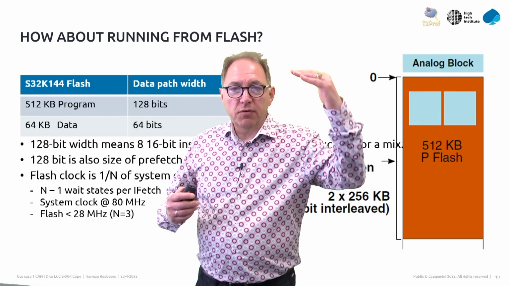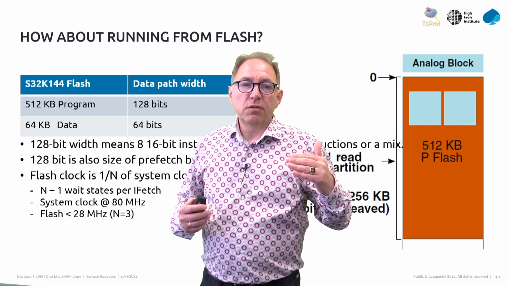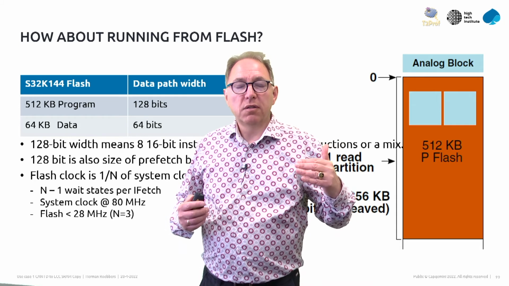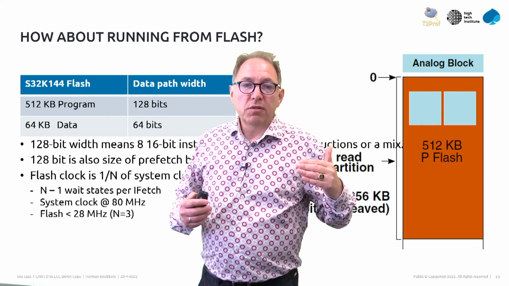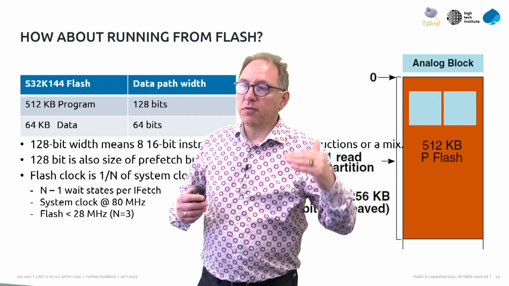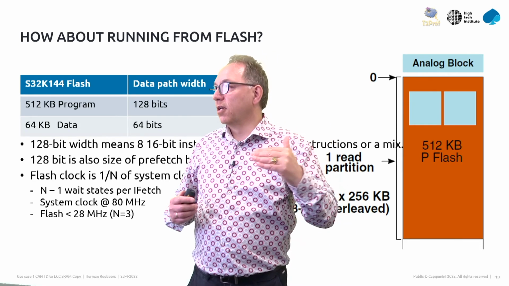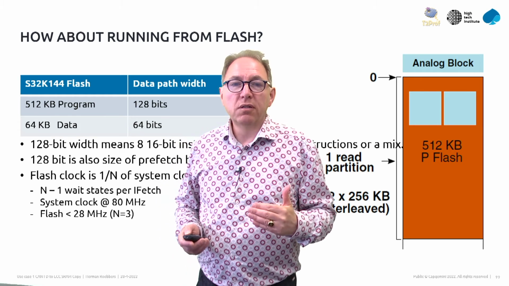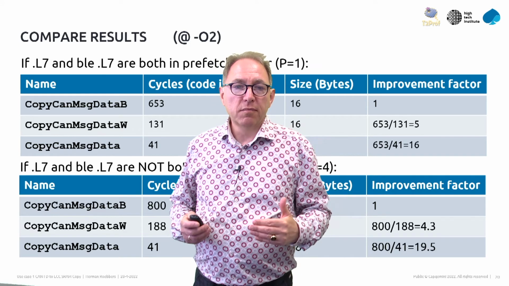And if you have sequential code, then you read once, you have to wait 4 cycles or something before you can do the next read. And with one read you can do 4 instructions, so it means that you have to wait a little bit. But in principle, if you have linear code, you can keep on executing and don't notice this latency. That's good. But if you want to go in a loop, then there may be a hit.